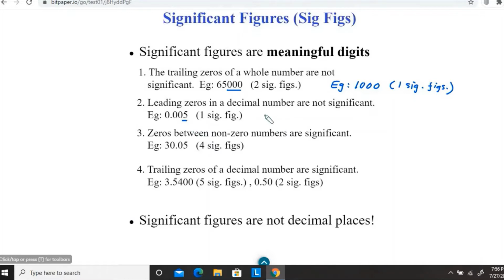For example, if you have 0.01, then again you have 1 sig fig, which is the digit 1. As an example, if you think about 0.02545, here the leading zeros are not significant, but you have these digits 2545. Those are significant. So here there are 4 sig figs for this number.